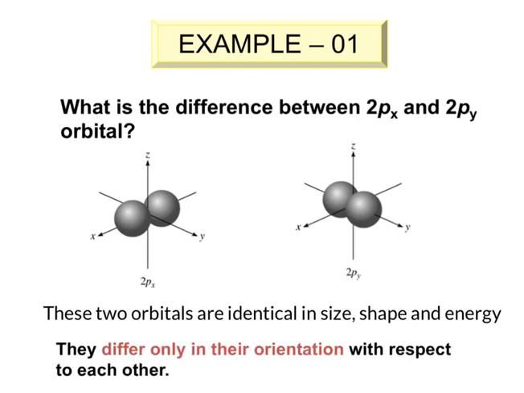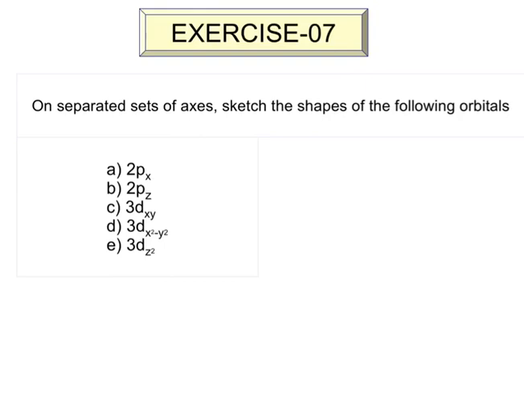But they differ only in their orientation with respect to each other. And for enhancement, please do this exercise. Sketch the shape of the 2px orbital, 2pz orbital, 3dxy orbital, 3dx squared minus y squared, and 3dz squared orbitals.